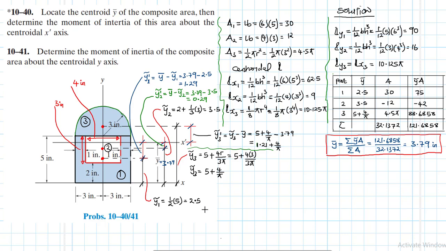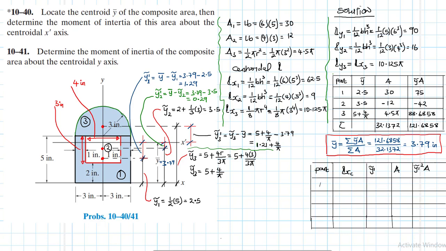This information will help us to fill in another table that we want to prepare. Alright, so let's prepare another table that will help us find moment of inertia about x prime. Let's fill the table. So we have part 1, 2, and 3, and then we have summation.